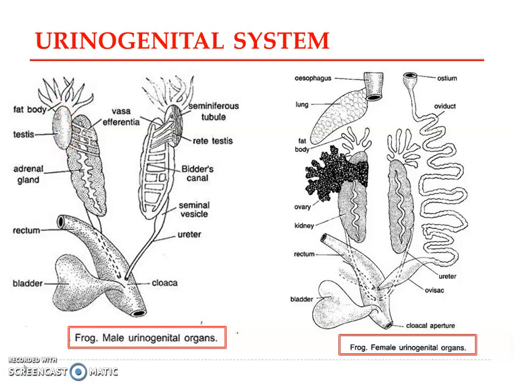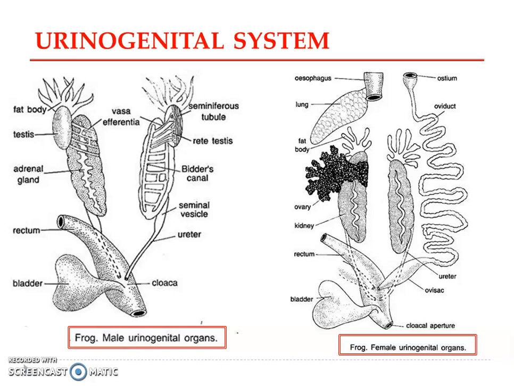Each testis is attached to the anterior ventral side of the kidney by a fold of peritoneum known as mesorchium. Attached to the anterior edge of each testis is a fat body. This is the fat body, known as the corpus adiposa. Adipose tissue, I hope you have studied earlier, and this contains rich storage of fat.